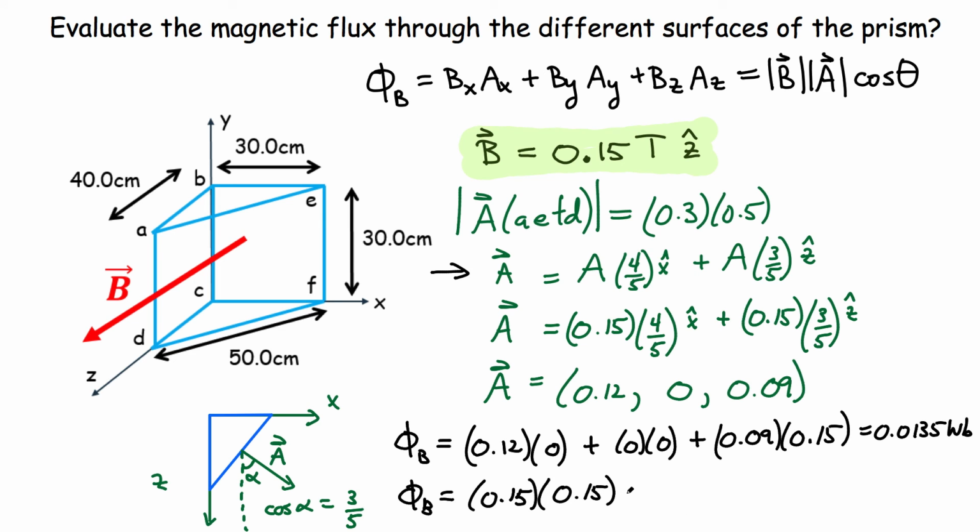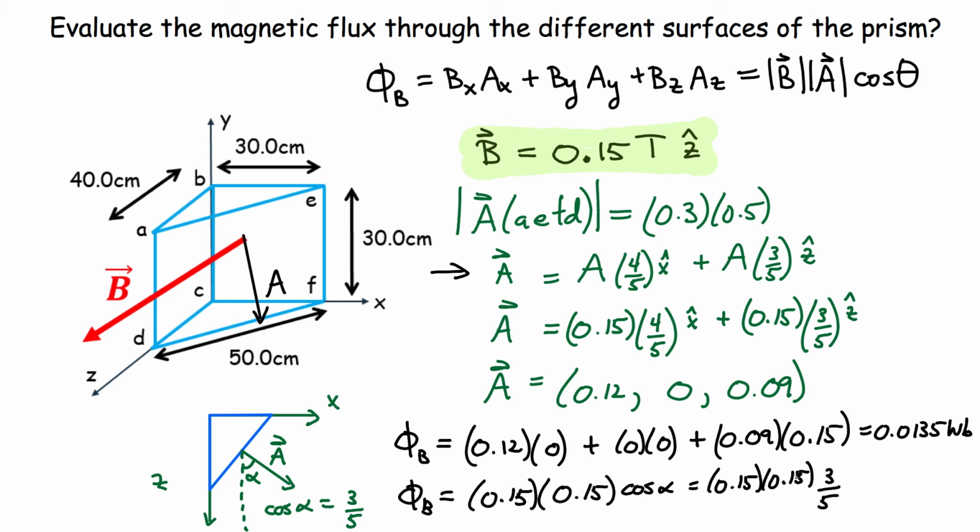And now you also have to multiply by cos of the angle between both of those vectors. Remember, you have your area vector here, which is perpendicular to the surface, and if you look at it from the top down, it ends up being cos of this angle alpha. And cos of the angle alpha is 3/5. So at the end, we get 0.15 multiplied by 0.15 multiplied by 3/5.